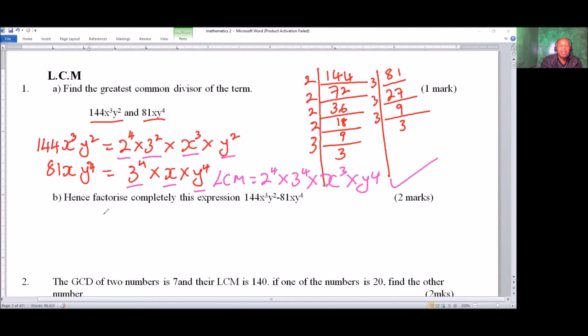And part B, hence factorize completely this expression. So we can have 144. Now we write it in its factors.